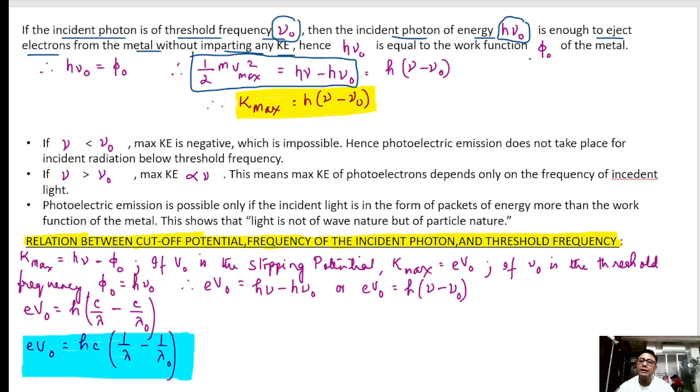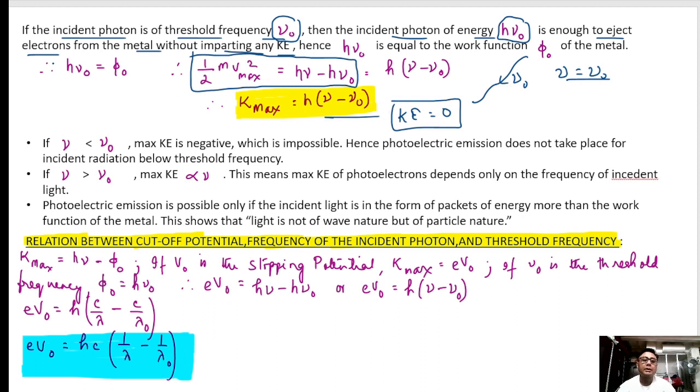Now if the incident radiation is at threshold frequency, we can say that nu is equal to nu 0 and this will become 0. So kinetic energy will not be there. That means only the electrons will be ejected but without any kinetic energy. If nu is equal to nu 0, we know that KE will be 0.